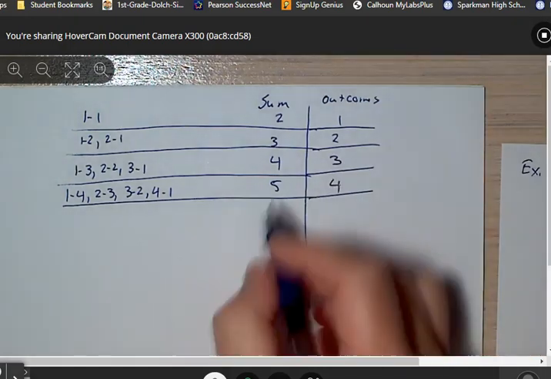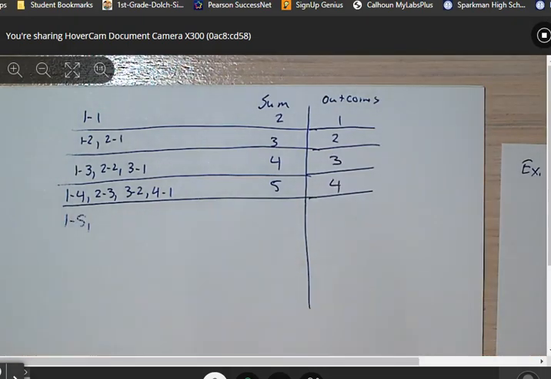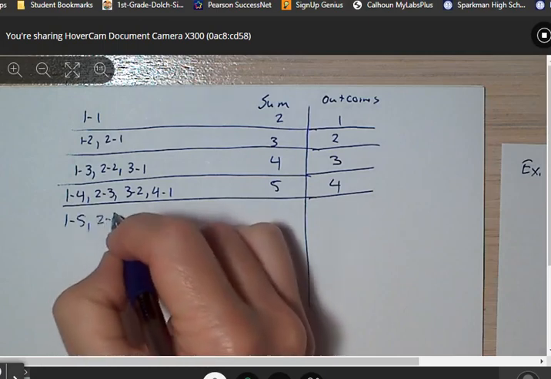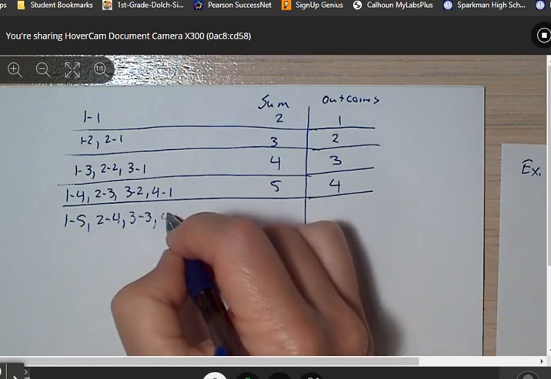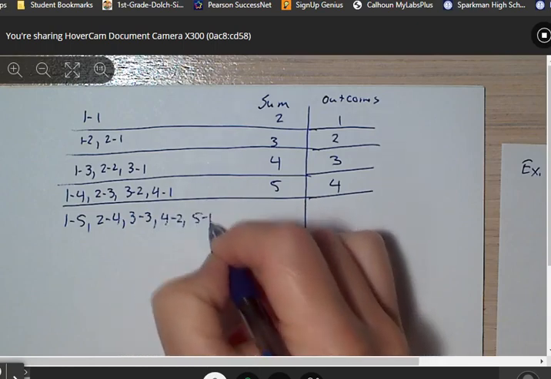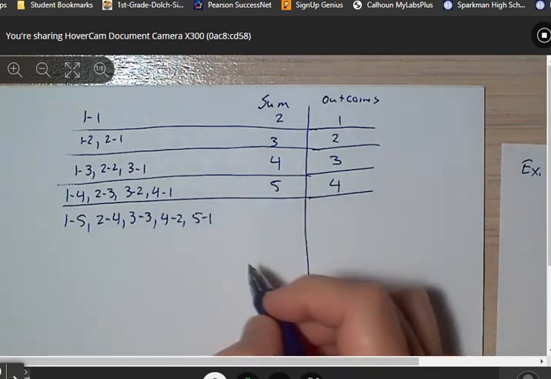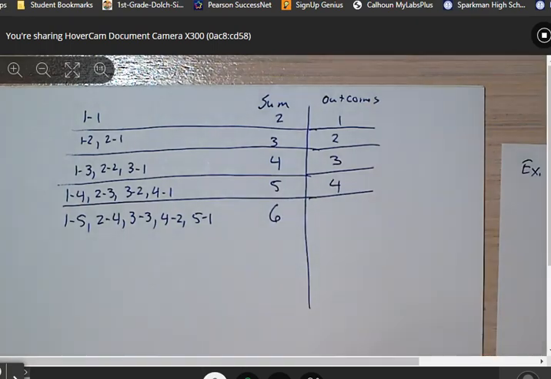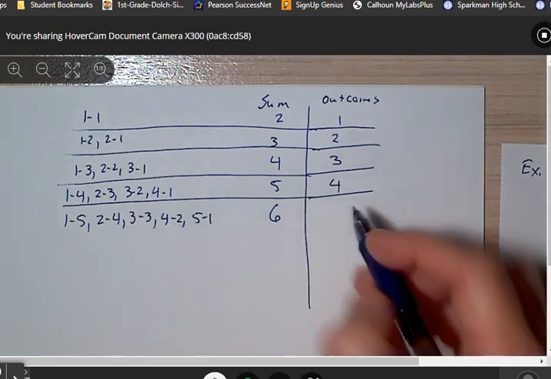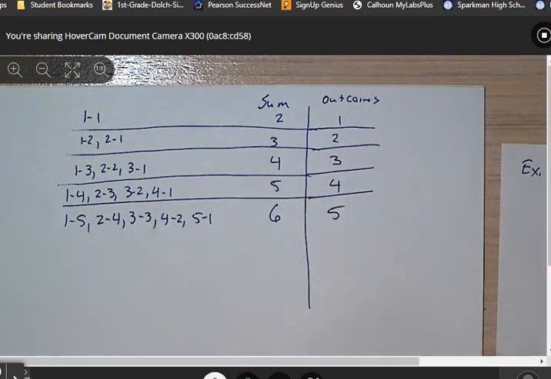And it does have a pattern when you go through these. For 6, it could be 1, 5, could be 2, 4, could be 3, 3, could be 4, 2, and it could be 5, 1. So we get a sum of 6. There's 1, 2, 3, 4, 5 different outcomes. 5 different ways you can get a total of 6 in this one.